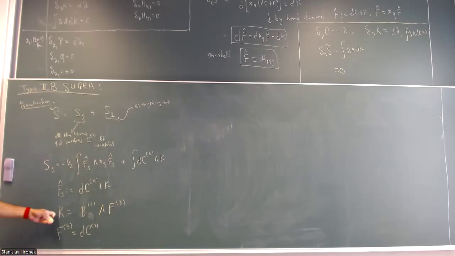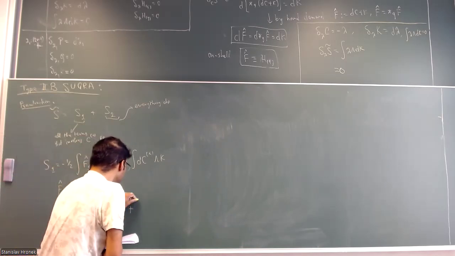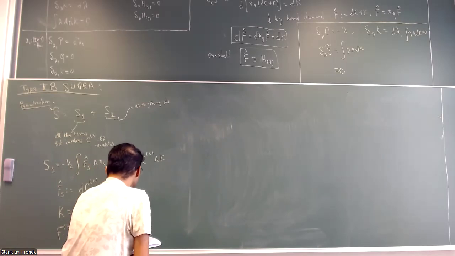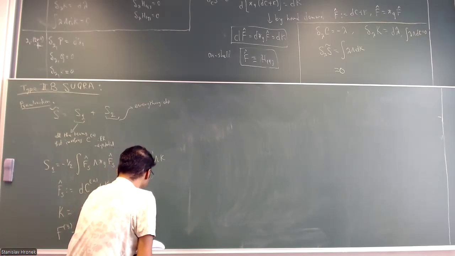So this is our K. It's B2 with F3, and this is the standard textbook action for S1, right? There is no reason to only focus on the bosonic sector.